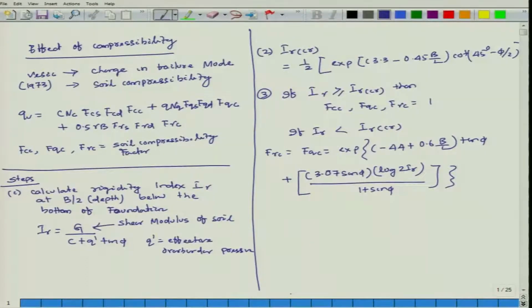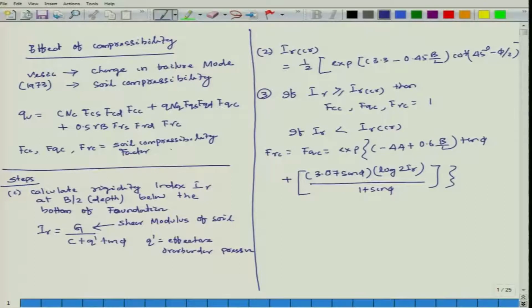So, this is what they have given. These are all empirical in nature, from a few tests, and this relationship has come up. Vesic asked why there is a change in failure mode, from local shear to general shear failure. He concluded it is happening because of compressibility.